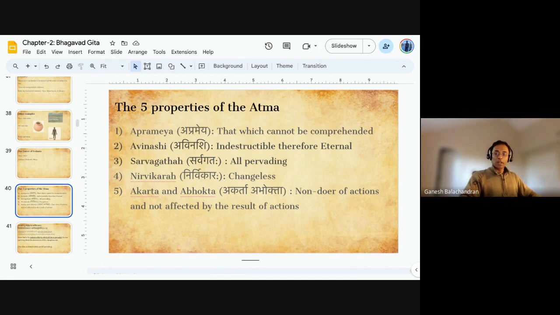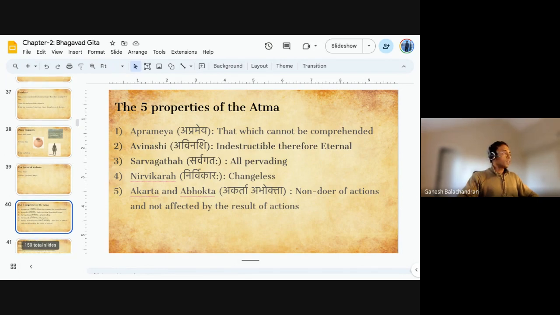It's called a Shatkam. Each Shatkam has a certain main topic. Could somebody say what the main topic of the first Shatkam, the first 6 chapters, is?